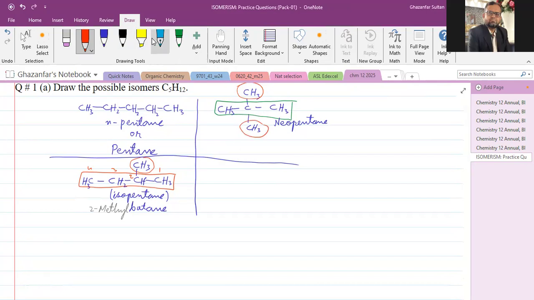So the name of the compound would be 2,2-dimethyl, and the basic chain containing 3 carbon atoms, so this is propane.